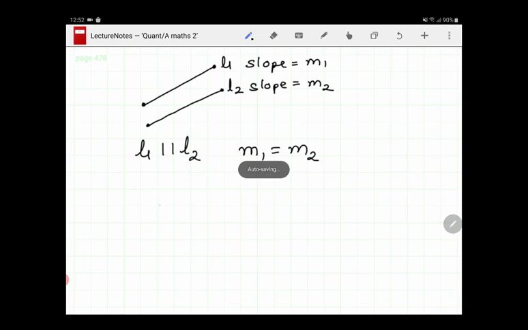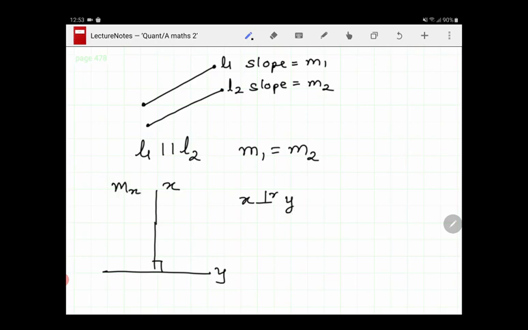Similarly, supposing I have two lines, let us say x and y, and x is perpendicular to y. The slope of the line x, let us assume, is mx. Slope of the line y is my. So if x is perpendicular to y, then mx multiplied by my will be equal to -1.